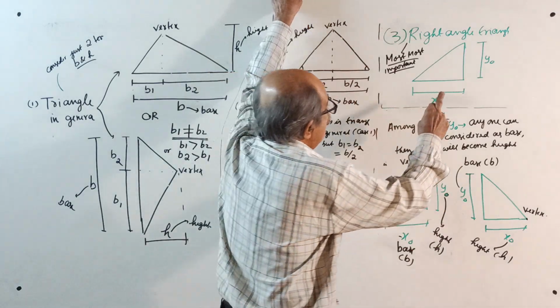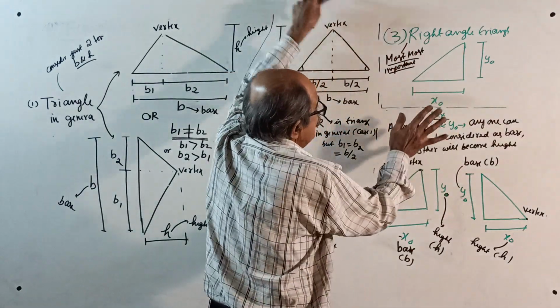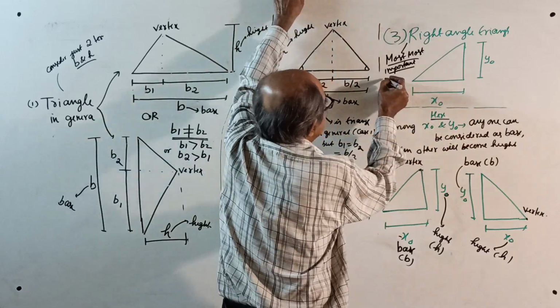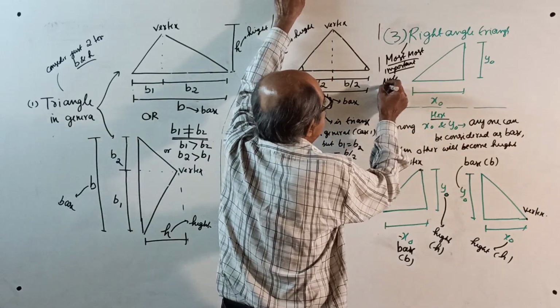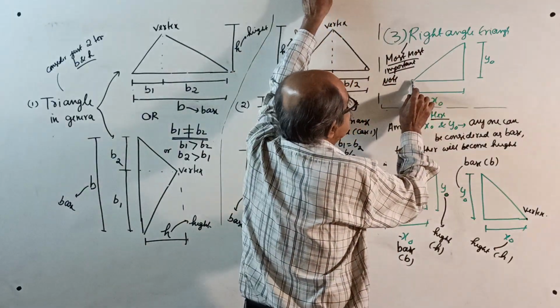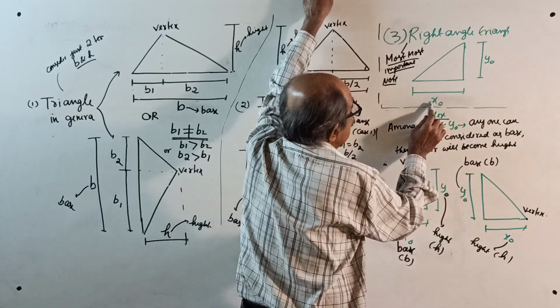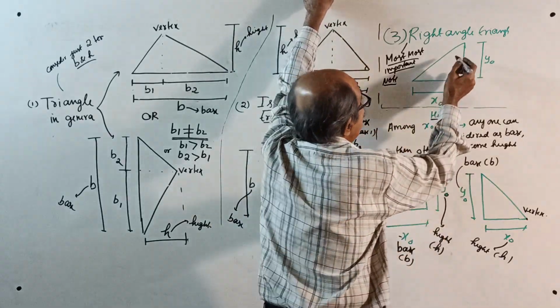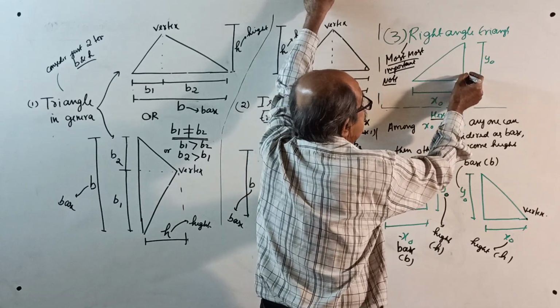Okay, now here, one note in the class I will tell. Right now, first, don't define base and height. Let the two sides be x0 and y0. This is actually the hypotenuse. This is 90.